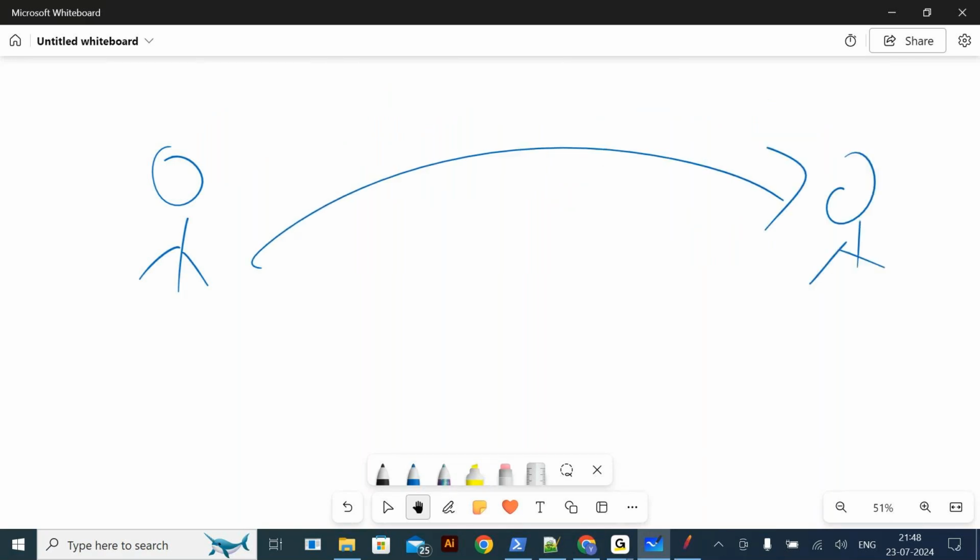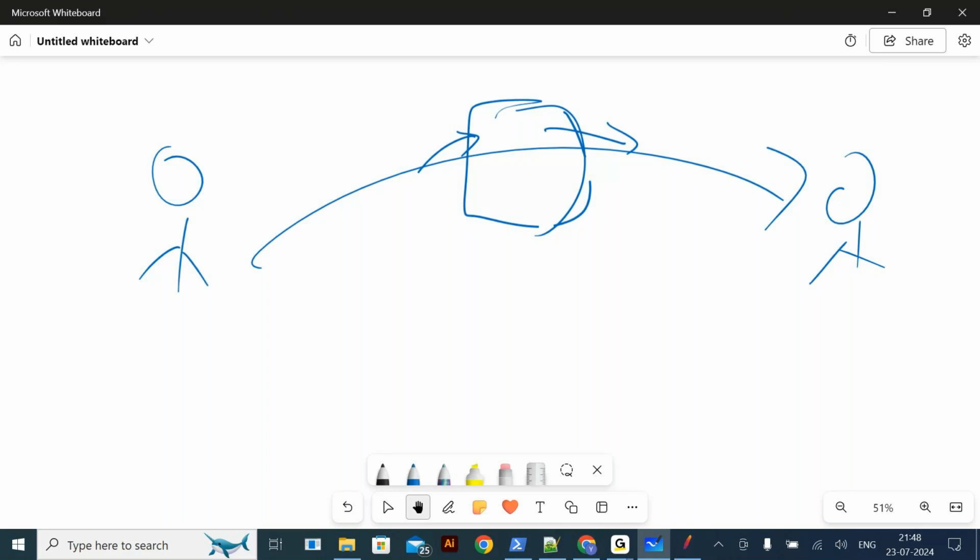Take the example of a WhatsApp message. Ankit is sending a WhatsApp message to Ramya. It is encrypted, safe, secured. If it were not encrypted, someone in between could proxy it and read all these messages.